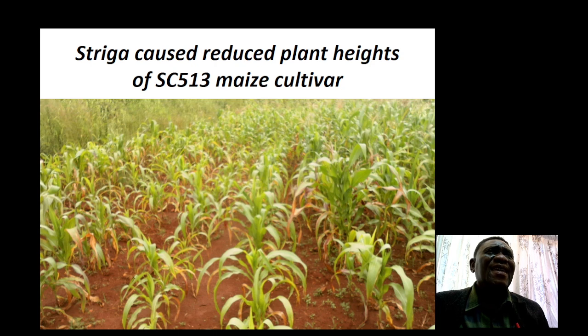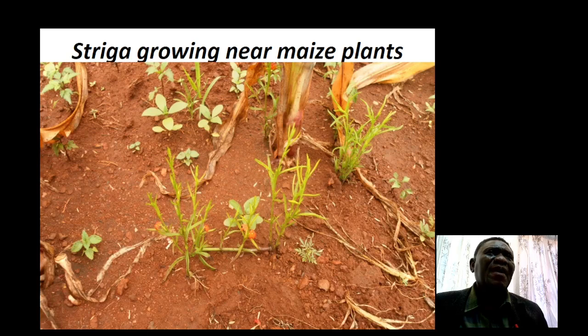This is SR 513, which is very susceptible under red soils. You can see the plants here are stunted. Underneath there is a striga. This is the striga growing near plant stems.